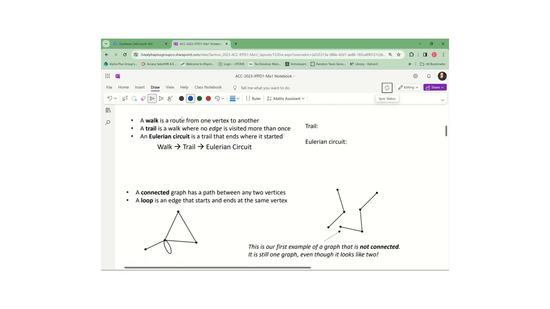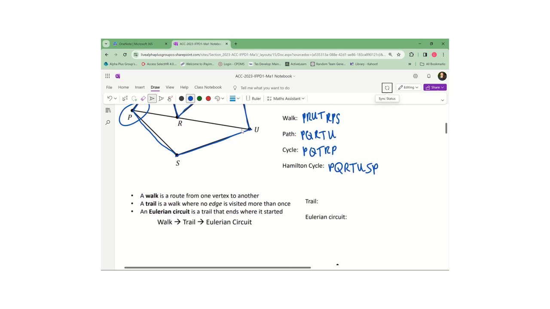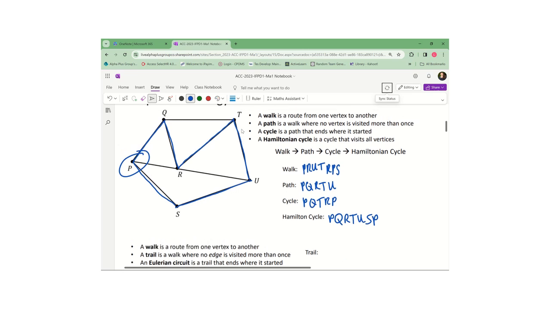So here we've got some more definitions. So we saw what a walk was before, so just from one vertex to another, and the route can repeat vertices and so on, doesn't matter too much. A trail is a walk where no edge is visited more than once. So in fact, if I look at the same diagram, I will see here that the trail would be R, to this one in red, R to T to U to S. That would be an example.